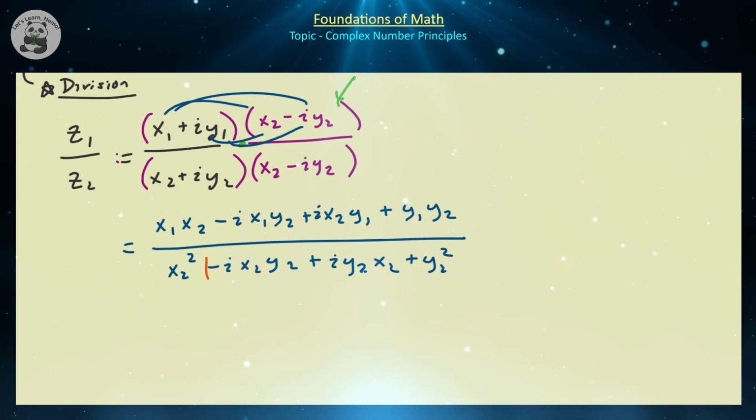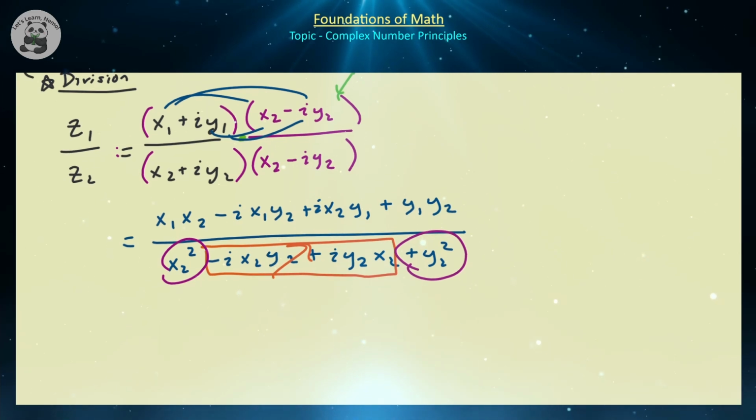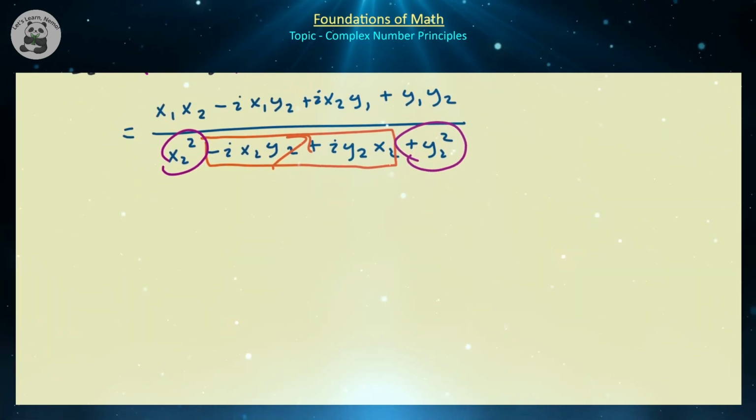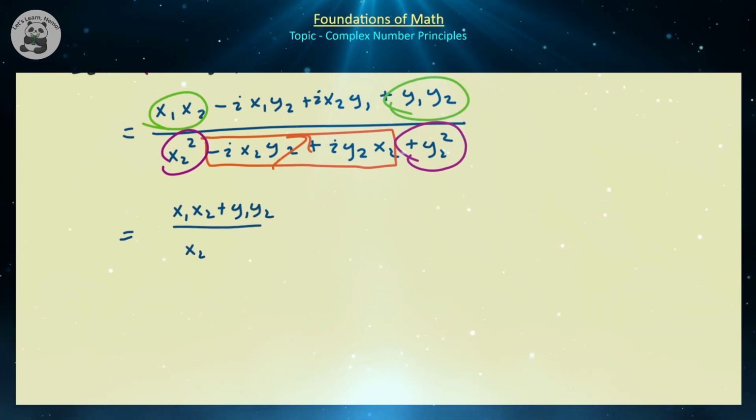If you notice, this term and this term will cancel because they are the same but opposite signs, and the bottom is just a real number squared plus a real number squared, which is just a real number. So it eliminates the complex term on the bottom, which is actually pretty nice. So what we have on the top, once we cluster our real terms together, is just going to be x1 x2 plus y1 y2 all over x2 squared plus y2 squared.